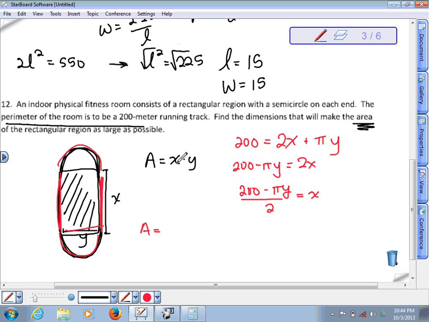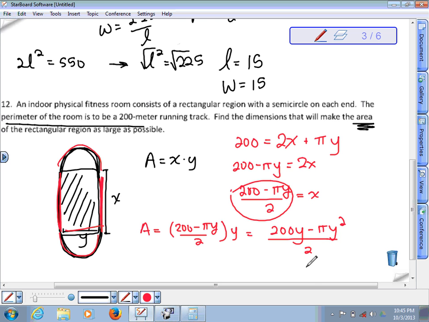Now we know what x equals. x equals this value right here. So the area is 200 minus pi y all over 2, times y. And this is equal to 200y minus pi y squared all over 2.